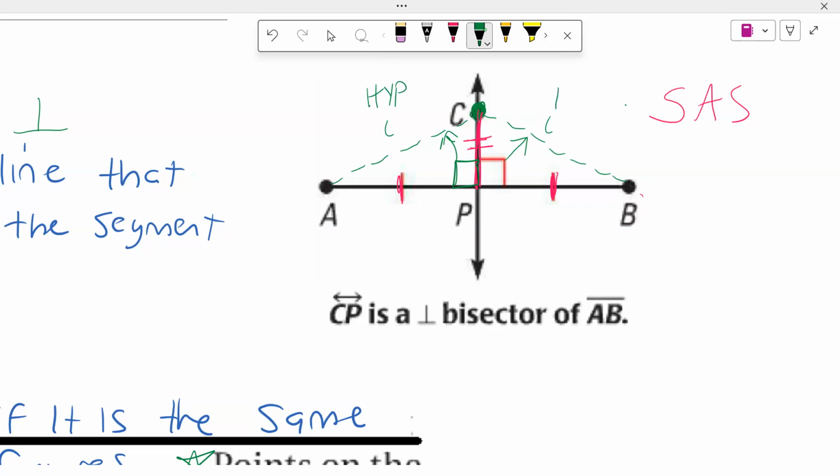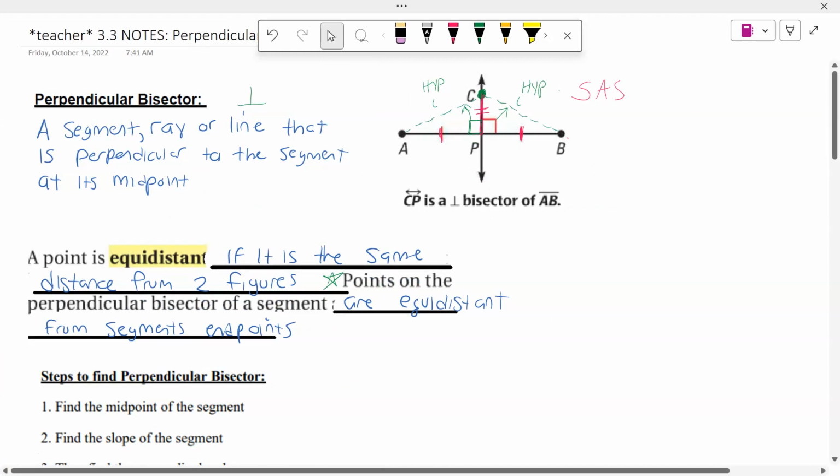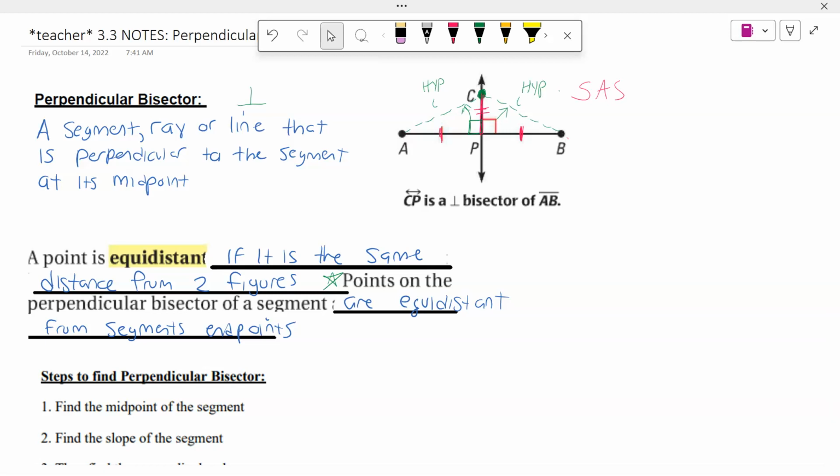Each of these would be a hypotenuse, meaning hypotenuses combined. They would have to be the same length because everything else is the same. So we're going to talk about that in the next section. But long story short, the perpendicular bisector theorem tells you that if there's a point, like point C, that's on the perpendicular bisector, we know it's going to be equidistant from the endpoints of the segment that it's cutting in half.